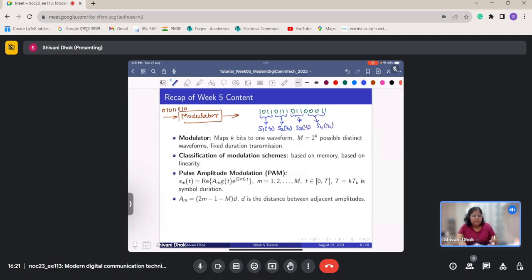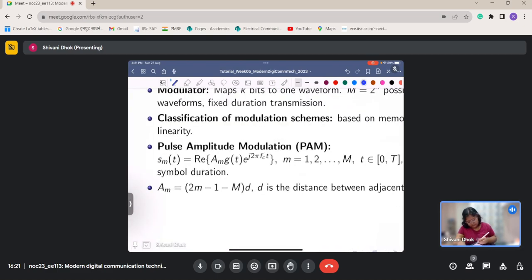For example, if k is equal to 2, there will be 4 possibilities of grouping.